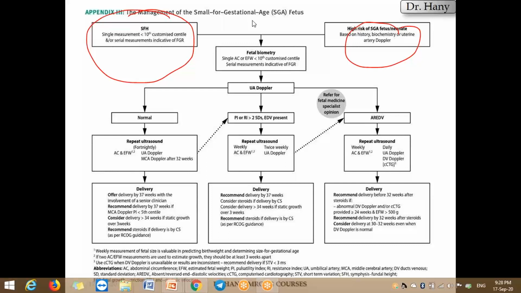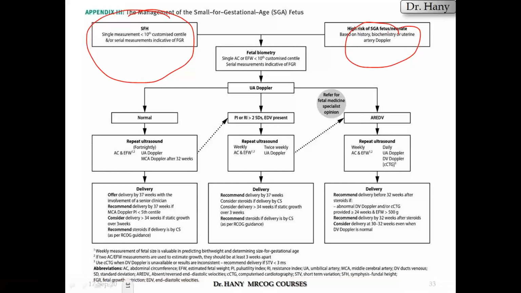The last baby was about 1.5 kg. So a high risk small for gestational age fetus or neonate based on history, biochemistry, low PAPP-A, or uterine artery Doppler, which is the screening, a moderate prediction of small for gestational age at 20 to 24 weeks.